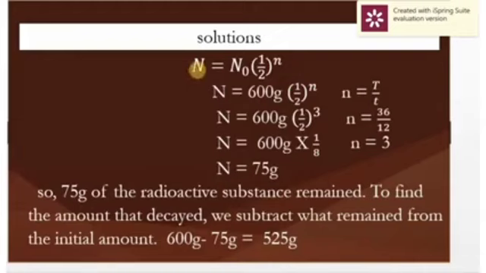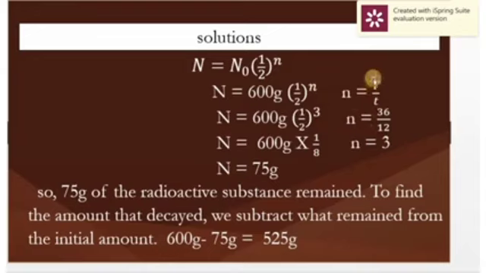So we see, using this formula, by now I believe you understand what the formula stands for. N means the remaining amount, N naught means the initial amount, and n small letter is the number of half-lives. So even before we proceed, we can actually find the number of half-lives in this particular question.